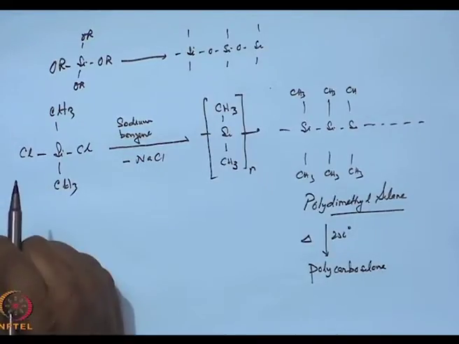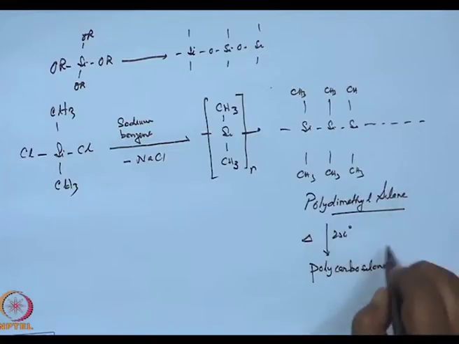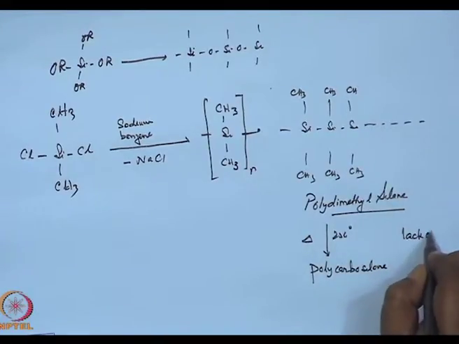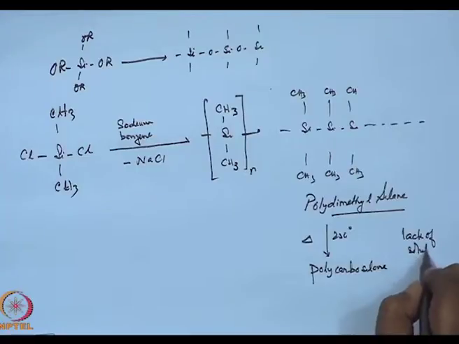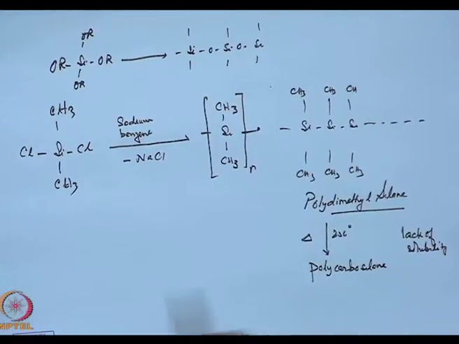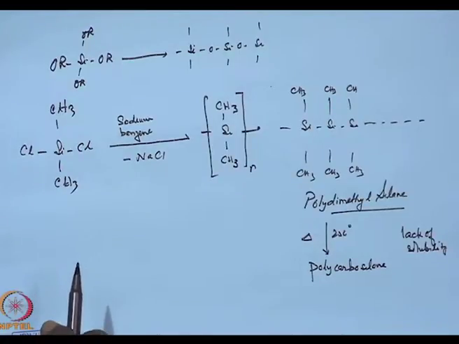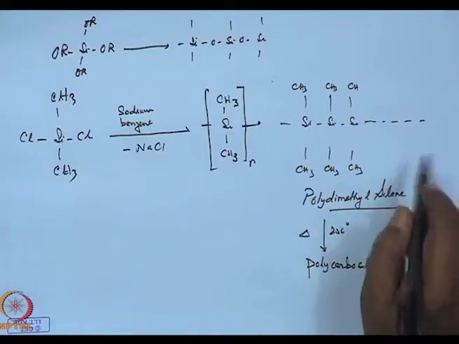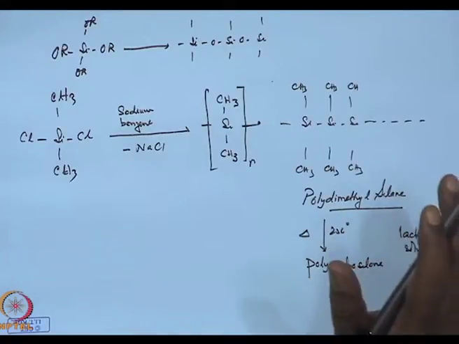But the point is, in spite of lack of solubility and the fact that on decomposition it forms polycarbosilane, we may say this is a process which does not yield a polymer of silicon carbide which is processable. But I shall later on in a few minutes use this process to generate silicon carbide.